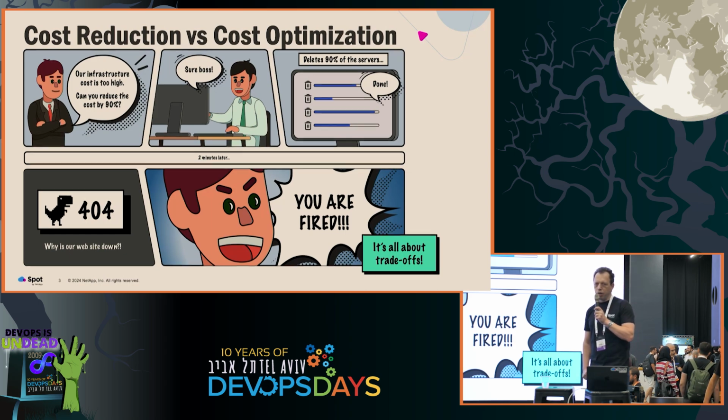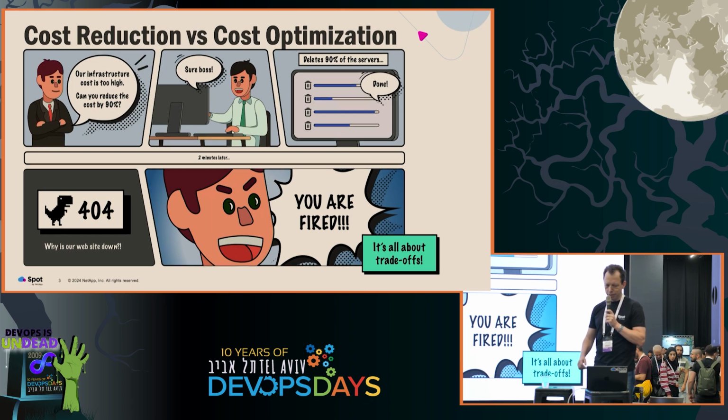So there are many trade-offs that you need to manage to actually achieve optimized cost for your applications. Those trade-offs are essentially what I'm going to focus on in the upcoming few minutes.